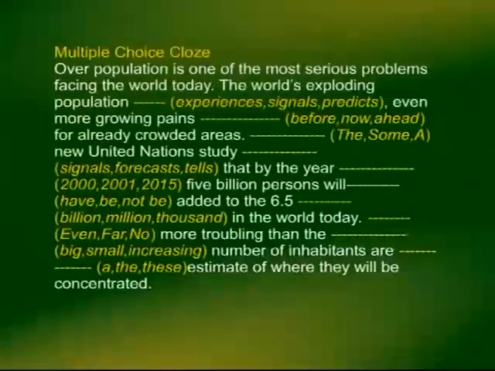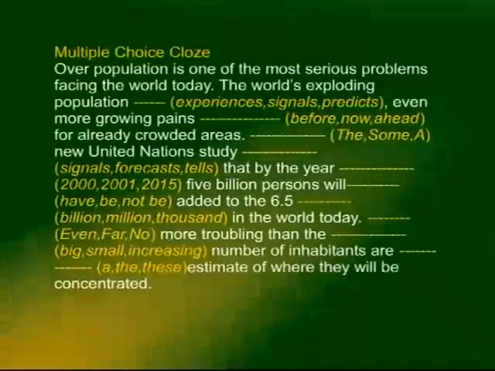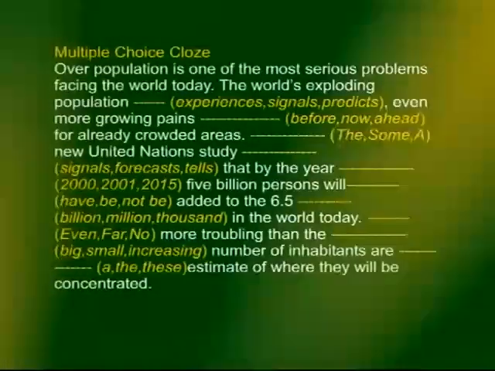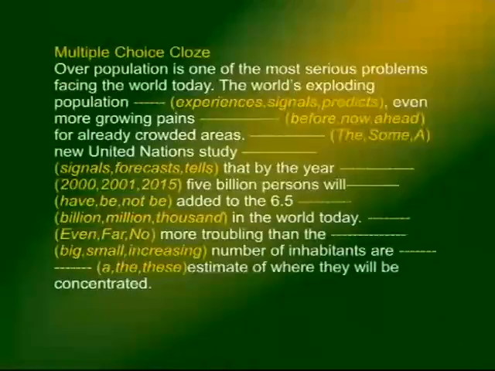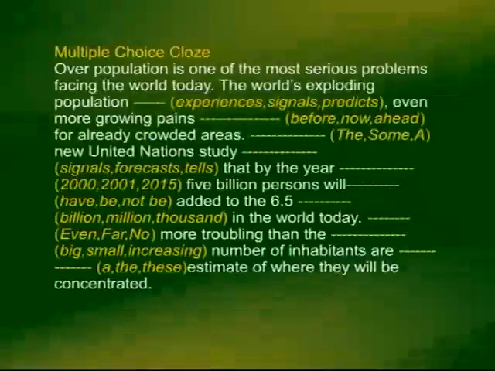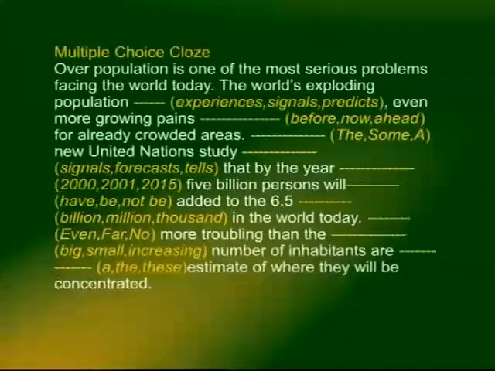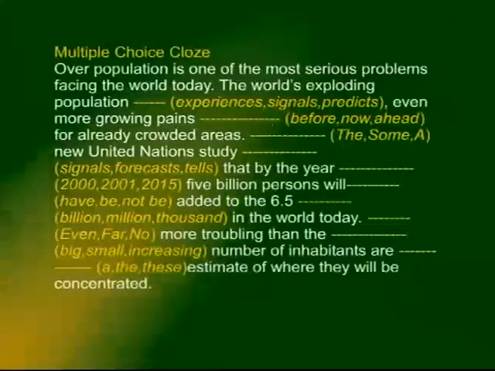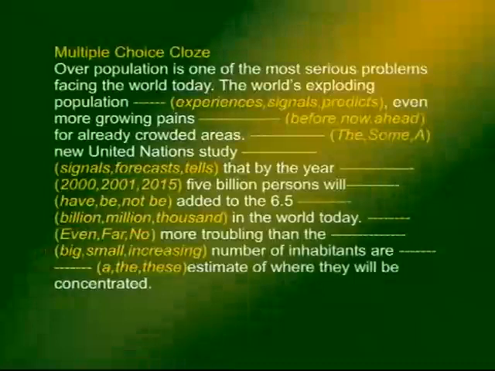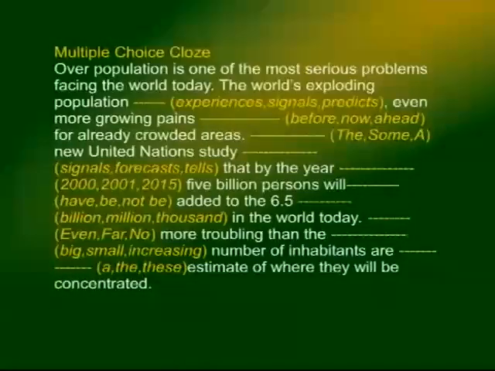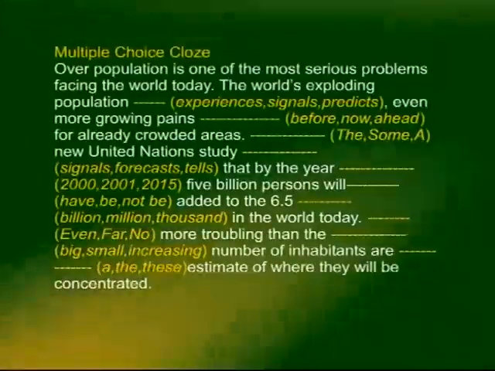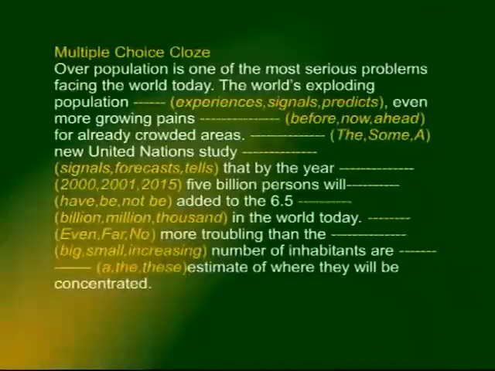Now it has to be a new United Nations study signals forecast that by the year 2015, 5 billion persons will be, again you've got 3 choices, added to the 6.5 billion million thousand in the world today.